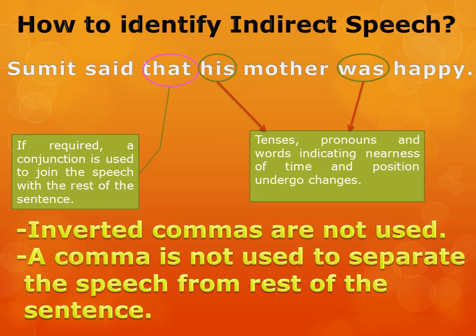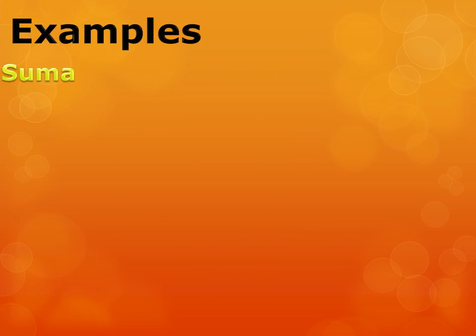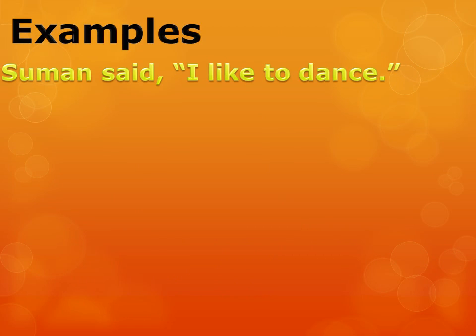Now, to understand the concept of direct and indirect speech more clearly, we are taking some examples. Suman said, "I like to dance." In this sentence, we see that a comma has been used as a separator between the sentence and the direct speech.